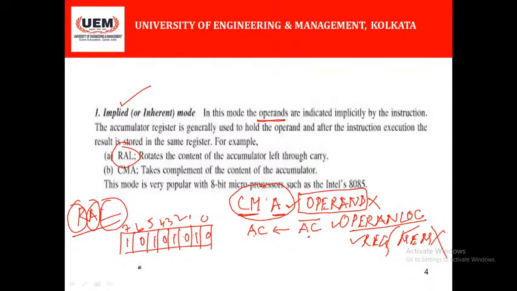We need to rotate this data. Suppose the value of the carry flag is 0 initially. First of all, we need to rotate this by 1 bit towards the left.